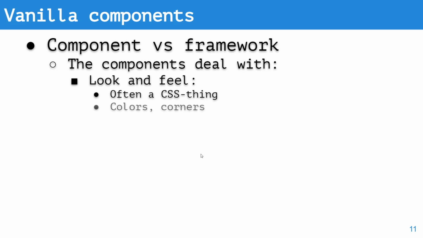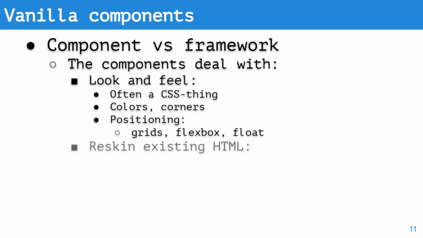So often the cascading style sheet thing: colors, corners, positioning, grids, flexbox, that sort of stuff. You could reskin existing HTML controls. So you see this a lot, like every component library I go to, not every one, but all the ones I go to, there's usually a section where they have form components.